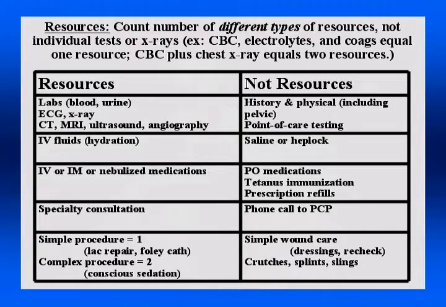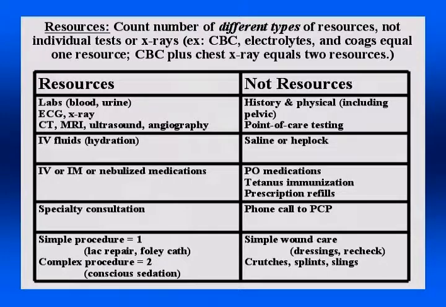ECG is a resource. X-ray, whether you do 1 X-ray or 10 X-rays, it still counts as 1 resource. A CAT scan, an MRI, an ultrasound, an angiogram, each of those counts as a resource. When a patient comes to the emergency department, it is expected they will have a history and physical exam.